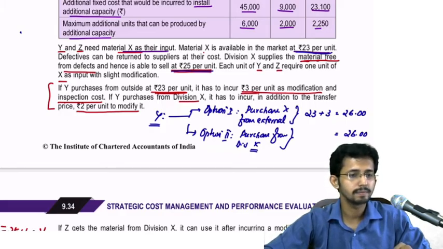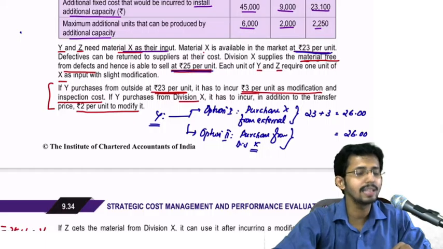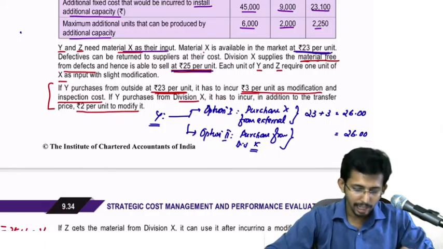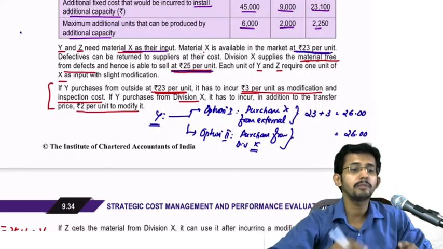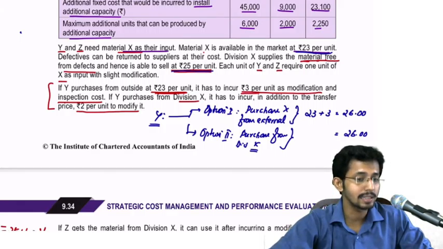Am I right? If the total cost is 27, will they purchase from division X? No, they will not purchase. If both these options have to be indifferent, then the total cost has to be 26 itself.